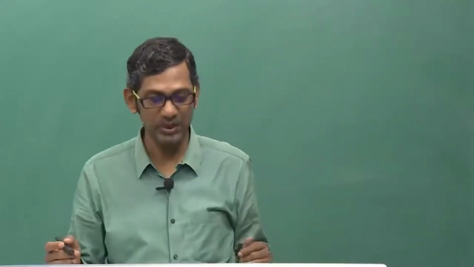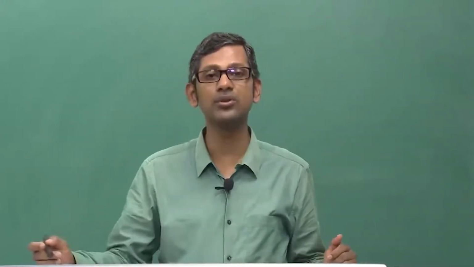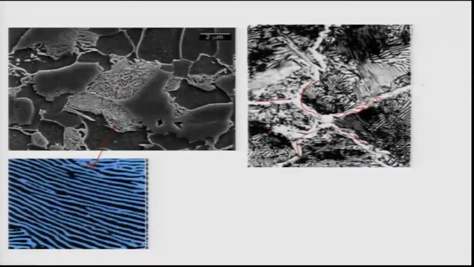But nonetheless, because cementite is a hard and brittle phase and it nucleates and grows on the grain boundaries of these prior gamma grains, this will make the steel very brittle.